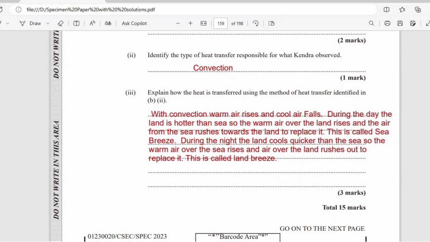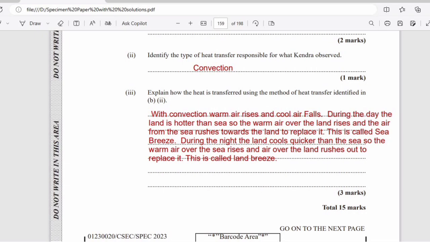So remember again, warm air rises, cool air falls. During the day, the land is going to be hotter than the sea, so the warm air over the land will rise and the air from the sea would rush toward the land to replace that warm air that had risen. This is called the sea breeze, and it usually happens during the day.